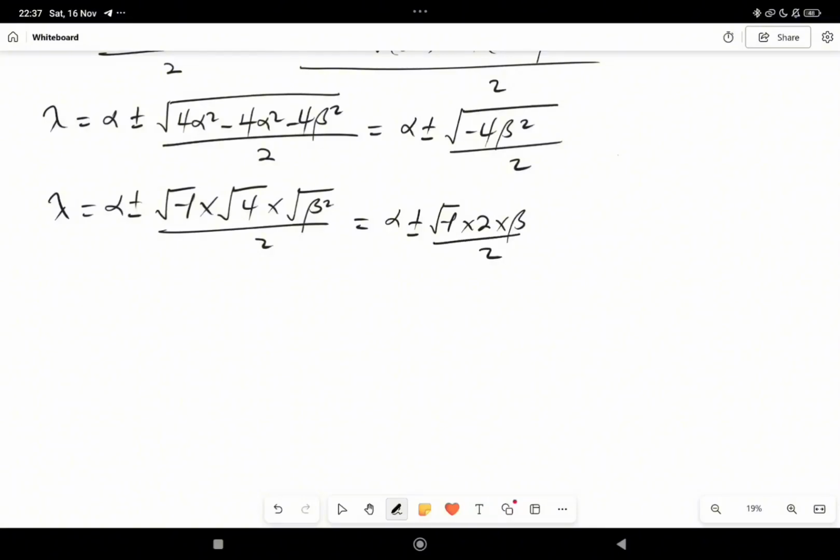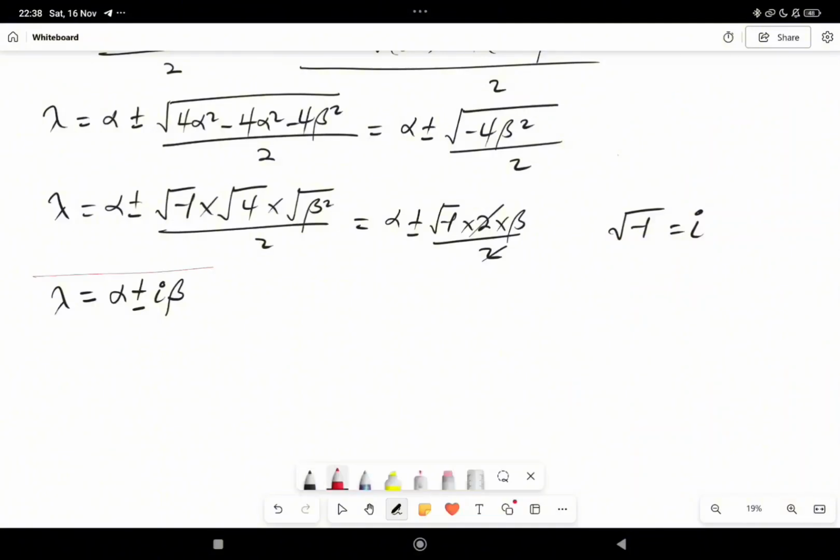Now, the square root of minus 1 is given by I, which is the imaginary number. So we have lambda to be equal to alpha plus or minus I beta. We have verified our eigenvalues.